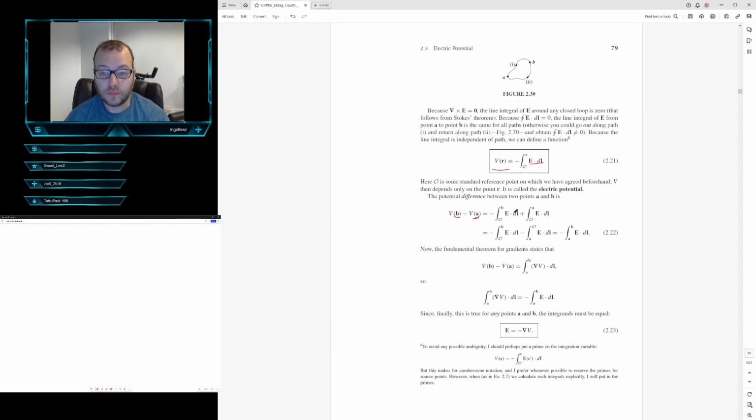This means that we go from the origin to B, and then from the origin to A. But remember your calculus, going from the origin to A is the same as flipping it, going from A to the origin with a negative.